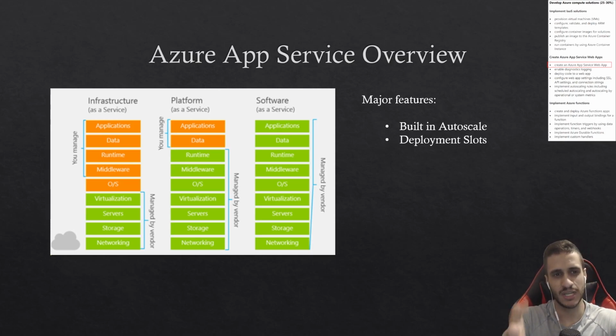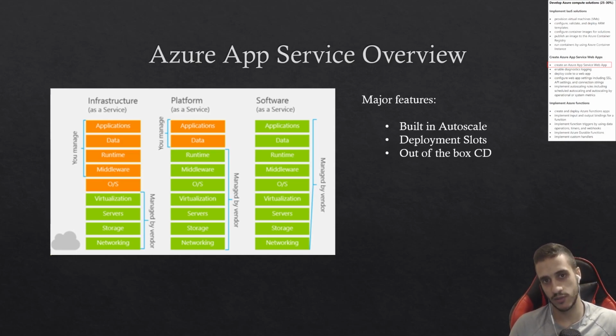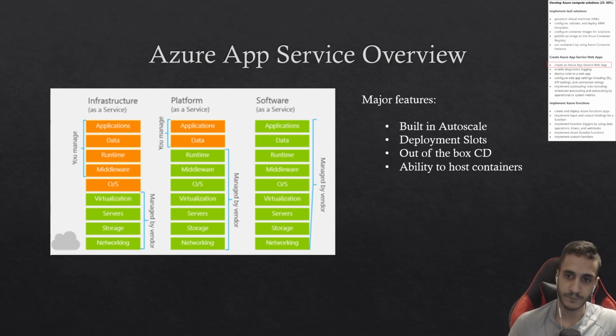Here you can segment your environments into staging environments, production environments, test environments, etc. Next, you have out-of-the-box continuous deployment, short for CD. So you can hook your Azure App Service resource into a source control repository like GitHub, Bitbucket, Azure DevOps, etc. And you just get out-of-the-box continuous deployment with really no effort from your side. Lastly, you also have the ability to host containers on Azure App Service.